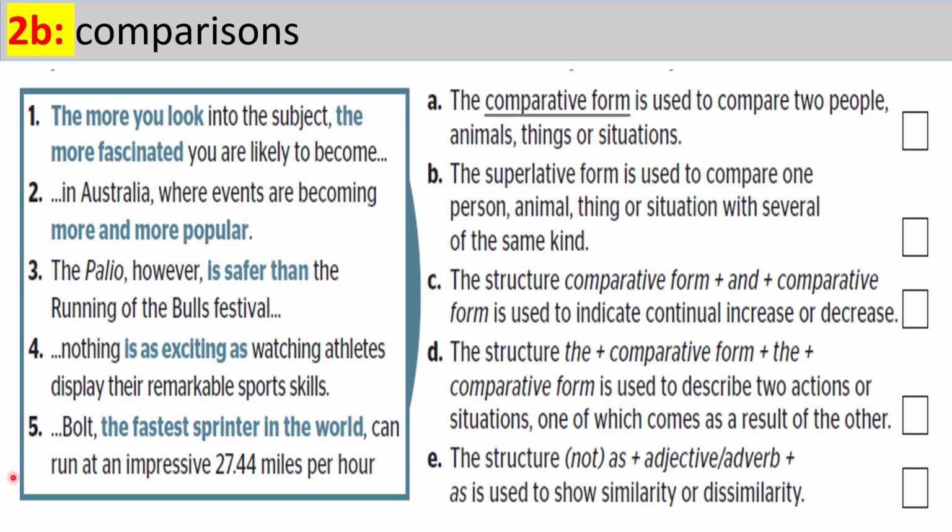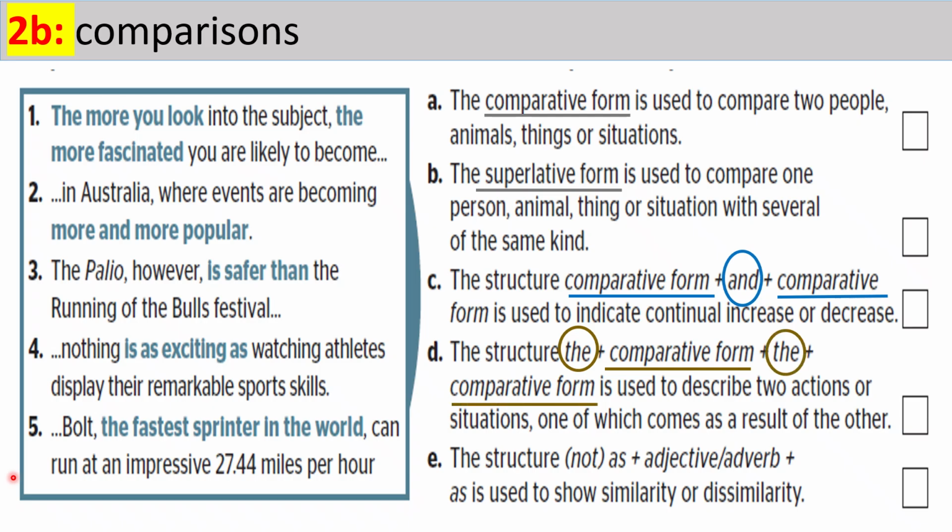Now, if you look at the forms from A to E, the comparative form is used to compare two people, animals, things, or situations. The superlative form is used to compare one person, animal, thing, or situation with several of the same kind. The structure comparative form and comparative form is used to indicate continual increase or decrease.